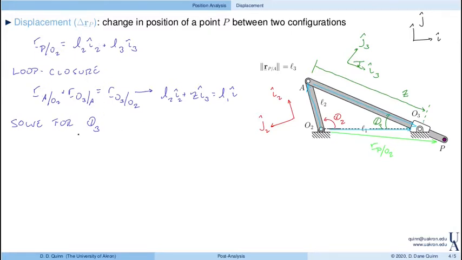So in terms of our loop closure equation, our procedure then would be to eliminate the other unknown, which in this case is Z. So how do we eliminate an unknown length? Well, we dot with a direction, J3.